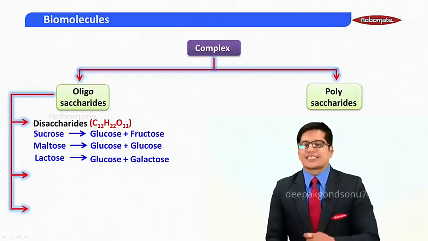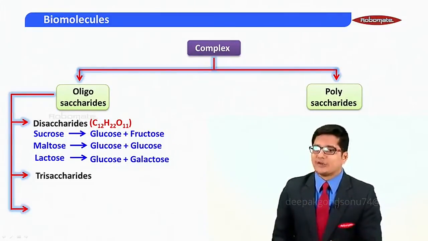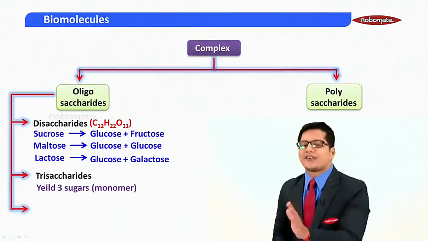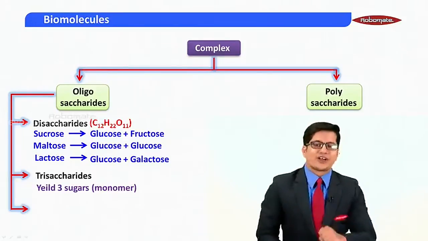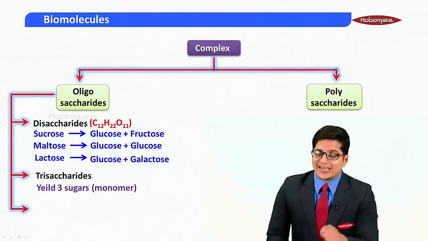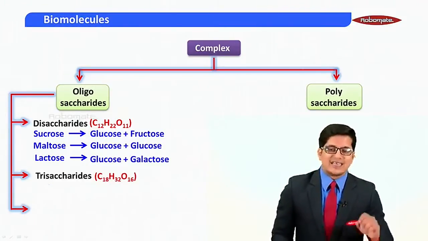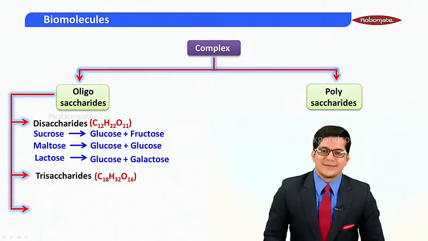Moving further, oligosaccharides are divided further into trisaccharides as well, which are nothing but compounds which on hydrolysis give 3 sugar monomers, and these compounds have a general formula of C18H32O16.